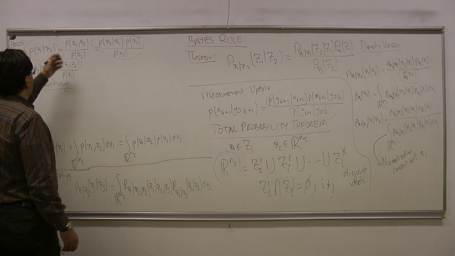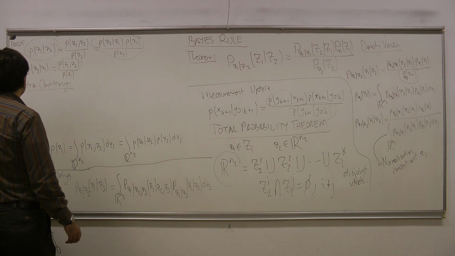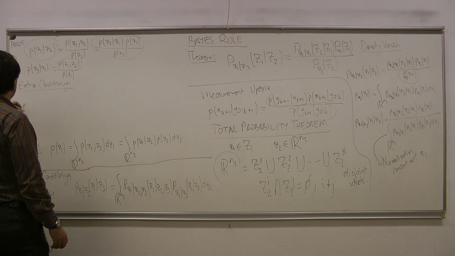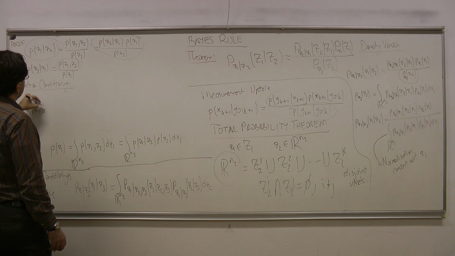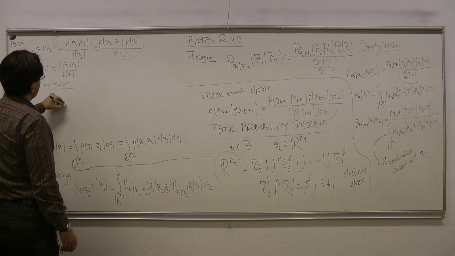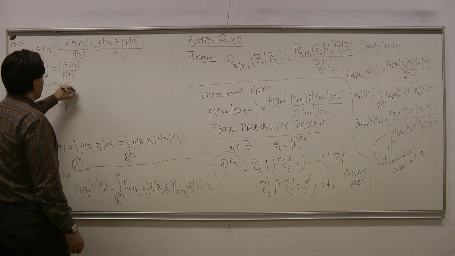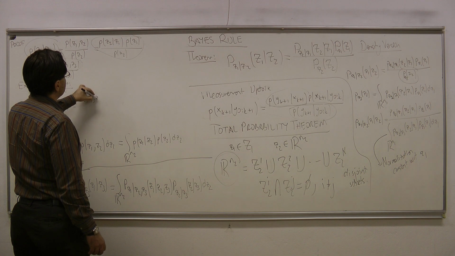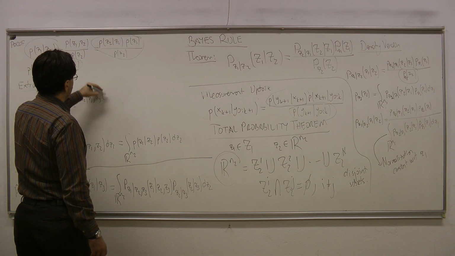So here, I will take that rule, and I would add here Z1, Z2, Z3. It is P of Z2 given Z1, but I will add Z3 everywhere, okay?